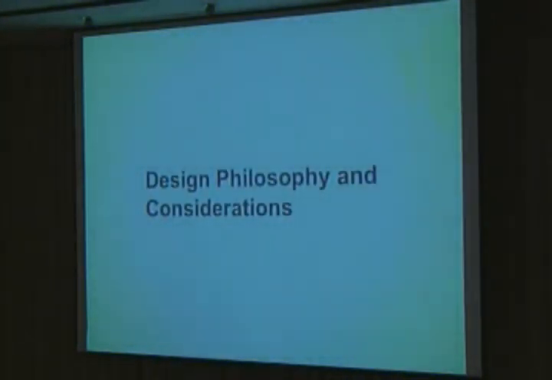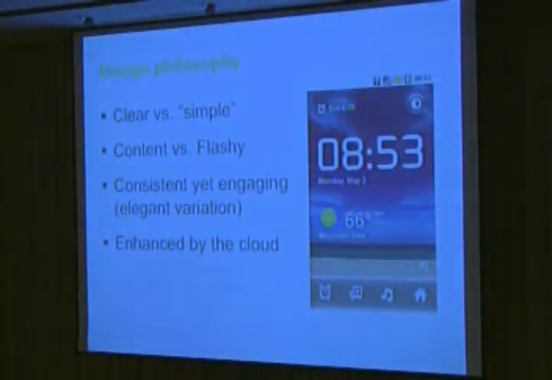Next, I'm going to talk a little bit about the design philosophy in Android. In the Android team, we believe having a clear UI design is critical in your application. But that doesn't mean your application has to be very simple. For example, this is the desktop clock that comes with any Google Experience phone. As you can see, it actually has a lot of information.